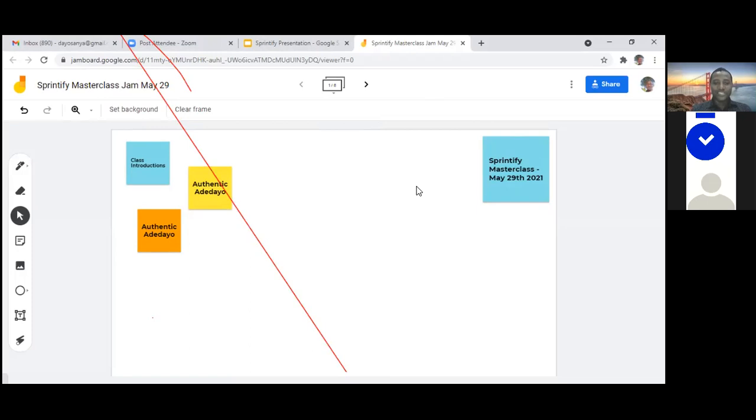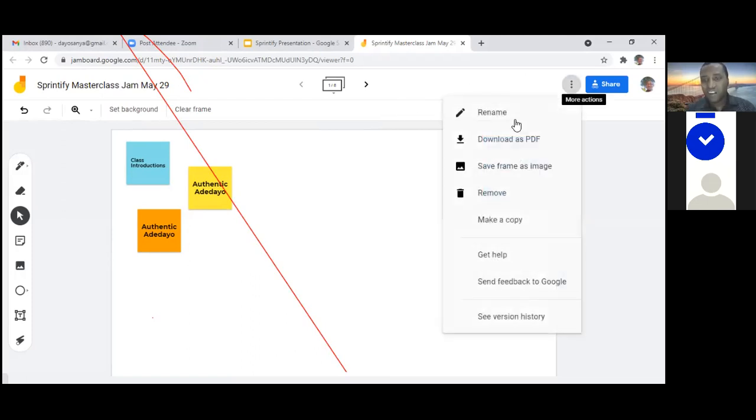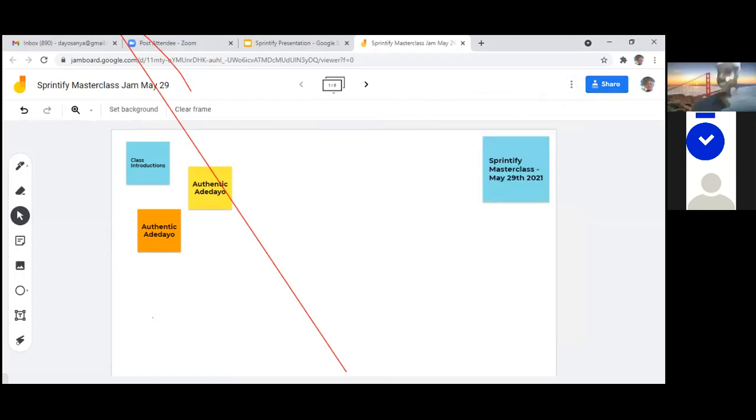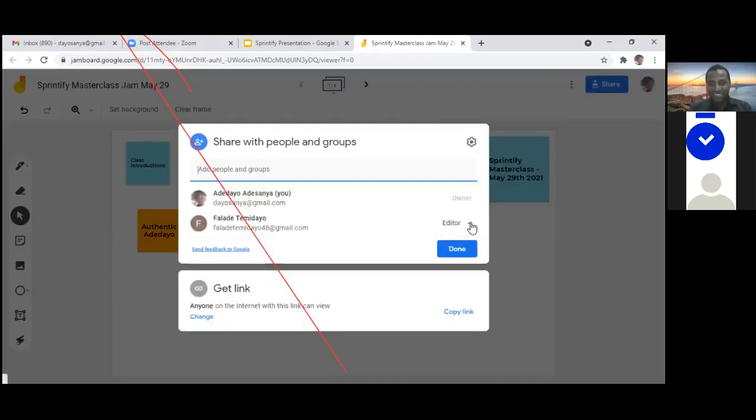Hello, I'm not seeing anybody using the Google Jamboard. It's on view only mode, unless you give us edit access.